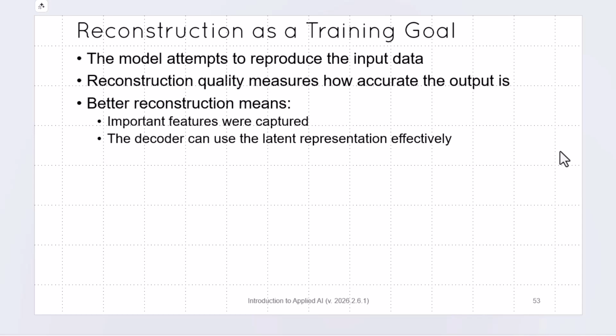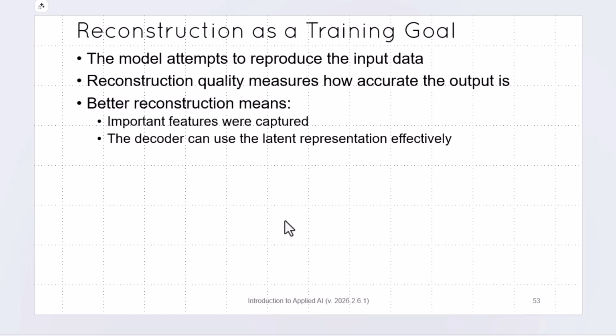Reconstruction as a training goal. As we discussed earlier, reconstruction is one of the goals here. So the model attempts to reproduce the input data. The decoder doesn't see the input data, and it tries to reconstruct it based on the latent representation. Reconstruction quality measures how accurate the output is.